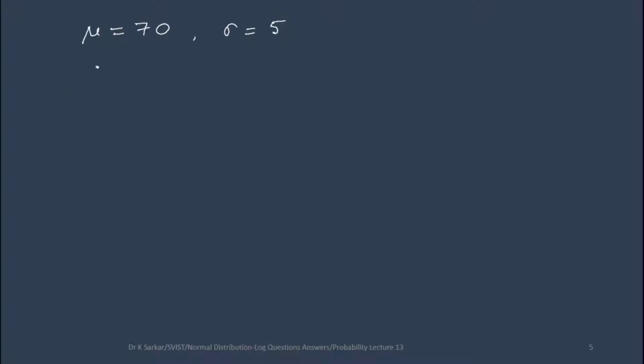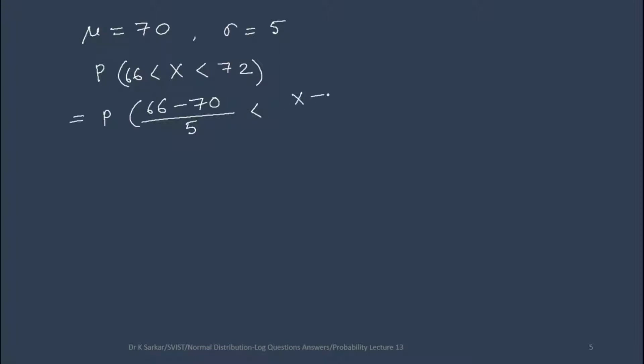So we have to find probability when x is less than 72 and greater than 66. So we'll subtract 70 and divide by 5: x minus 70 divided by 5 less than 72 minus 70 divided by 5.